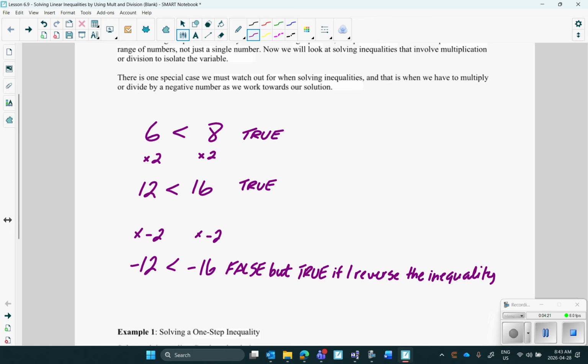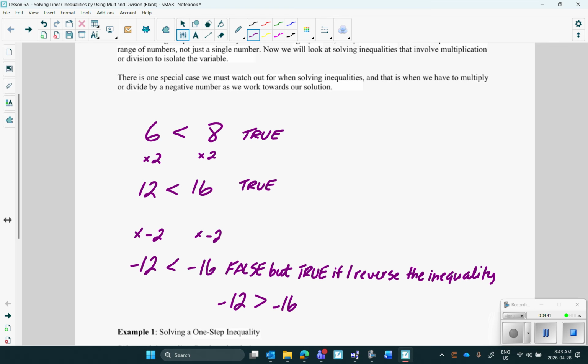So if I multiply by negative 2, I should change it to negative 12, reverse this to greater than negative 16.